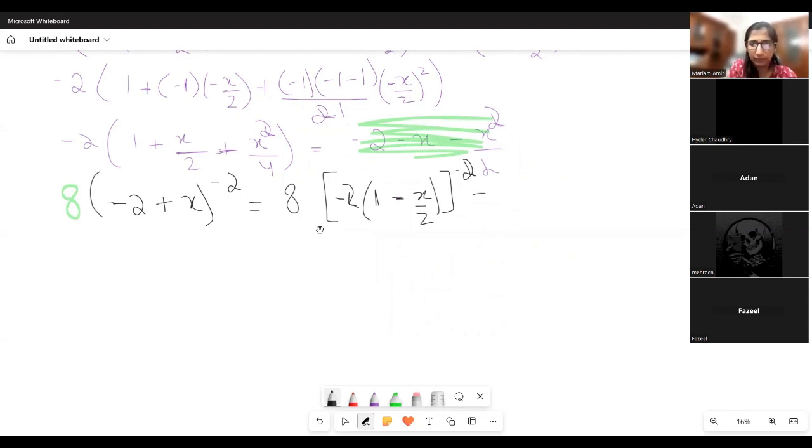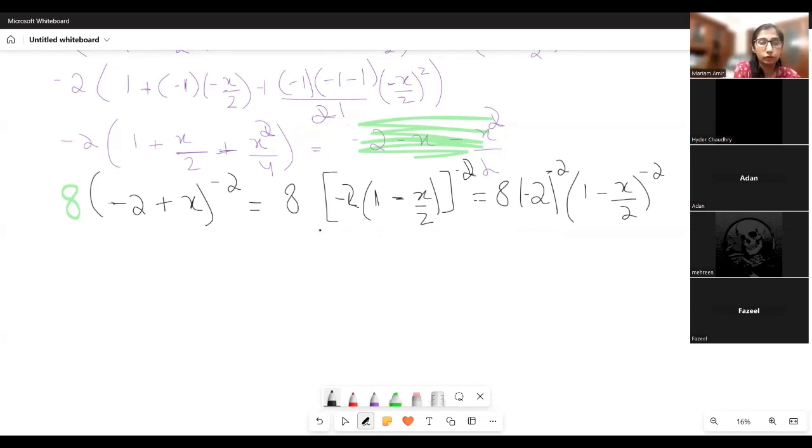So we have 8 times minus 2 power minus 2 times 1 minus x upon 2 power minus 2. So 8 times minus 2 power minus 2 gives me 2.